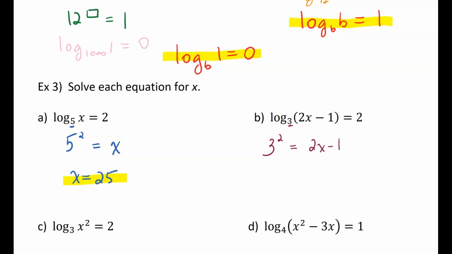And now do we have a nice equation that we know how to solve? Yes. So we get 9 is equal to 2x minus 1, which means we have 10 is equal to 2x. What is x in this case? 5. x is equal to 5.